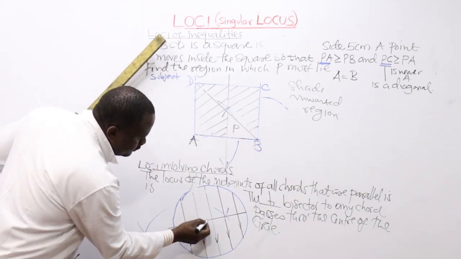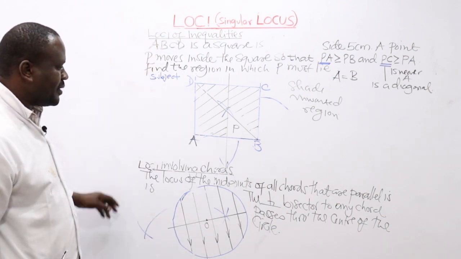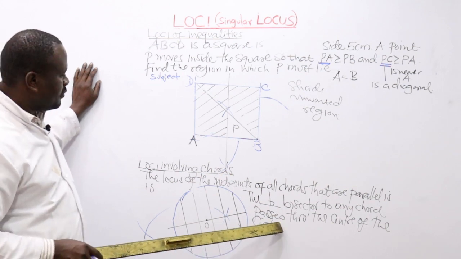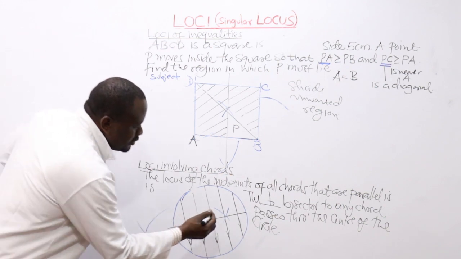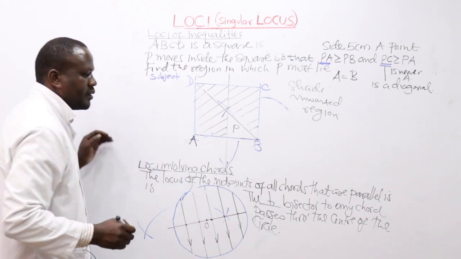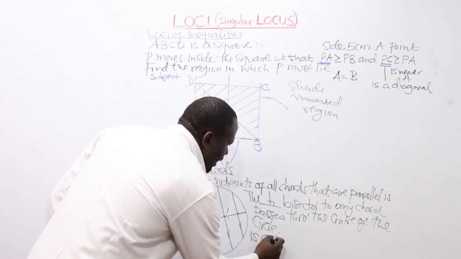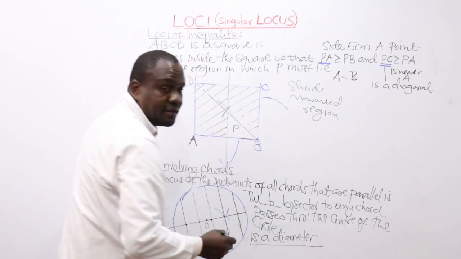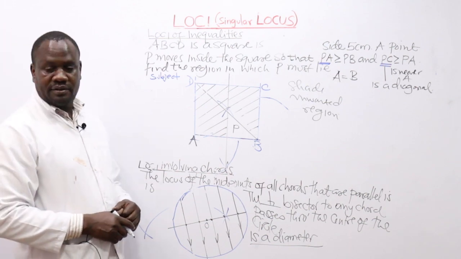So the perpendicular bisector of any chord passes through the center of the circle. Therefore, the locus of the midpoints of all these chords is a diameter. So that is all about loci.